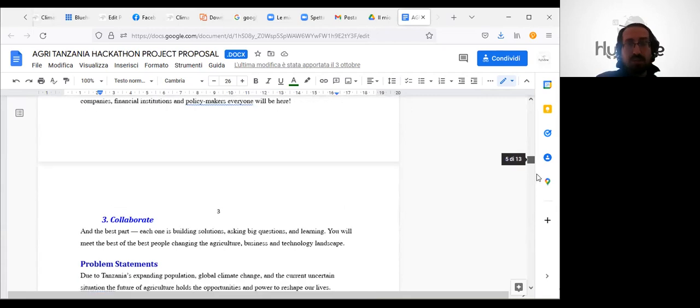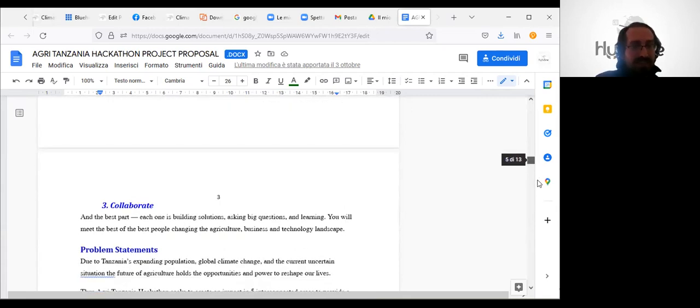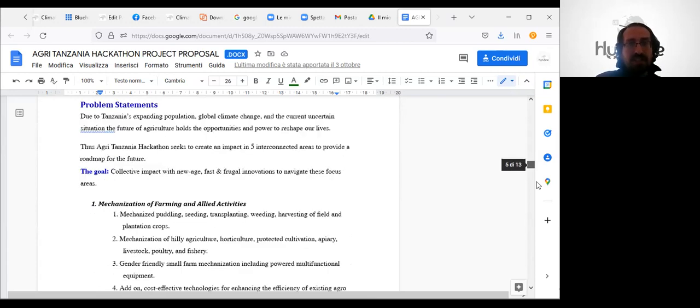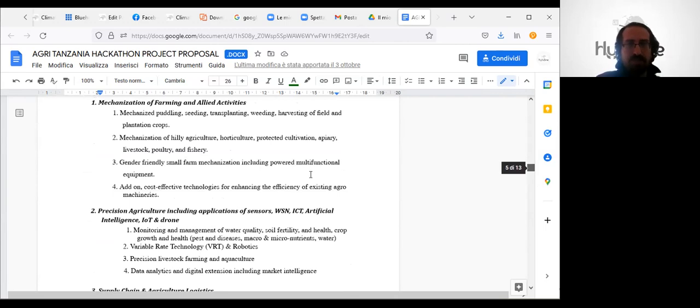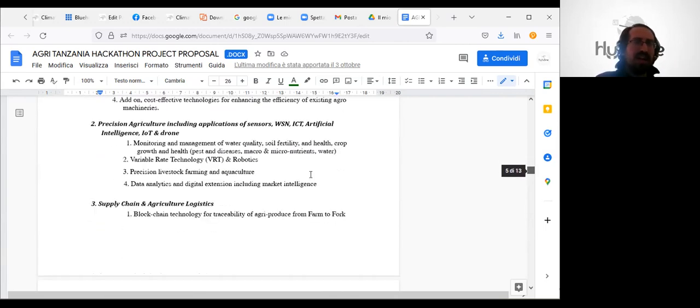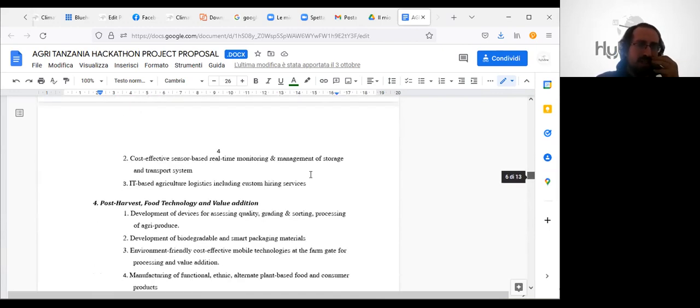Examples are supply chain, post-harvesting, waste to wealth, and women in agriculture. These are the main challenges in which we want to engage teams of experts, youth activists, farmers, and so on.